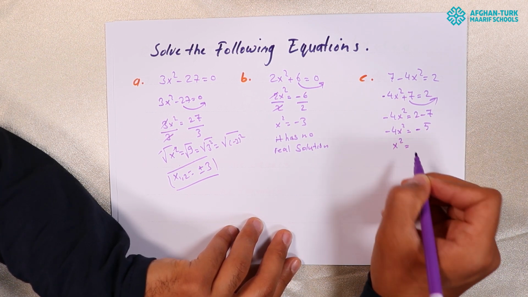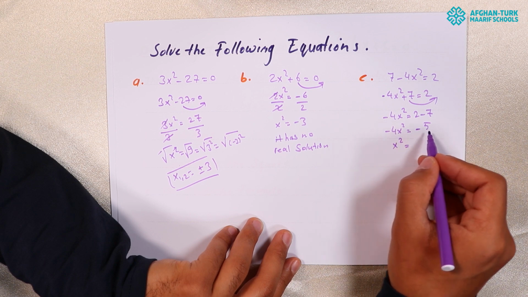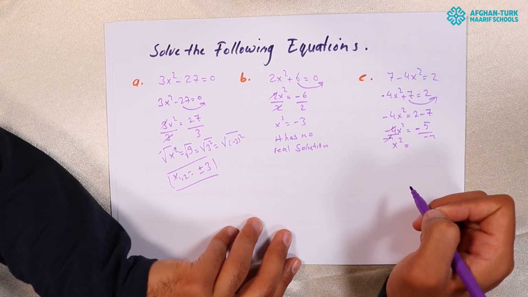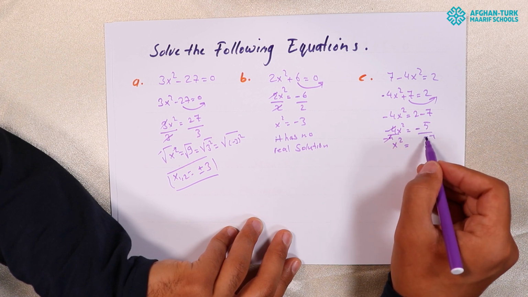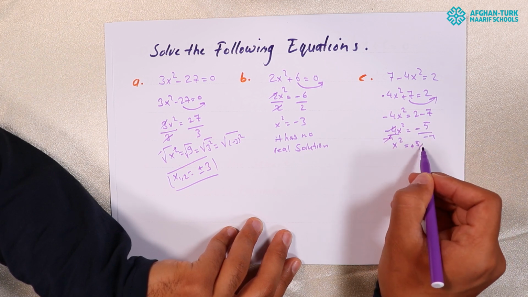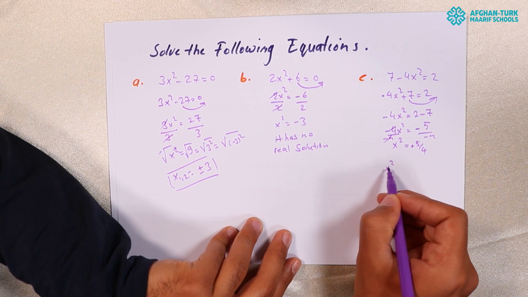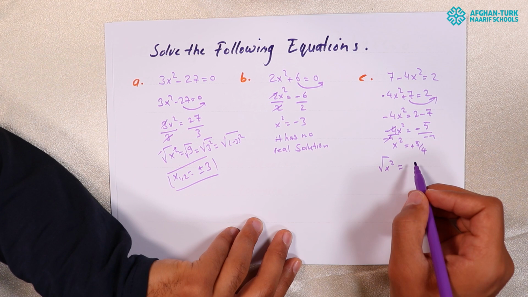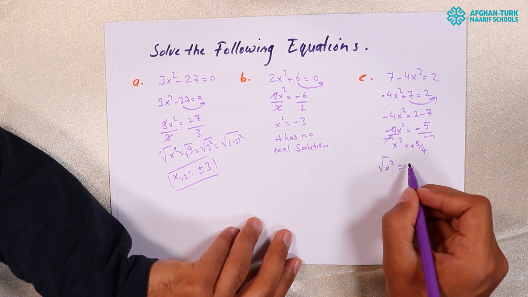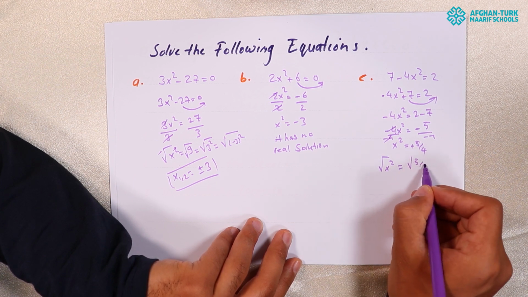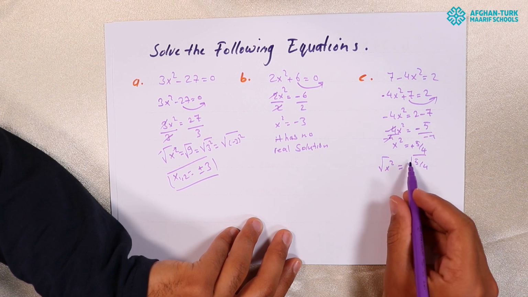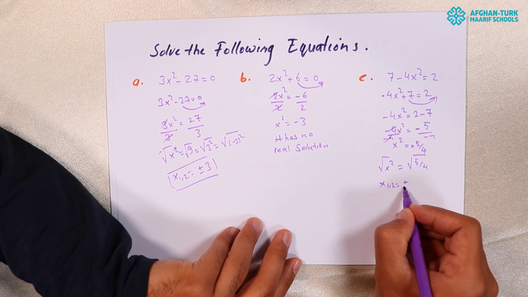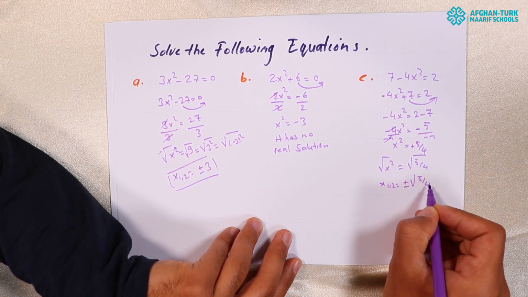x squared is equal to, we are going to what? Divide both sides of the equation by minus 4. Minus 4 cancels with minus 4. x squared will be minus divided by minus will be plus 5 over 4. Okay, if we take the square root of both sides, in order to take just one x out of the root, x1 and x2 will be plus and minus square root of 5 over 4.